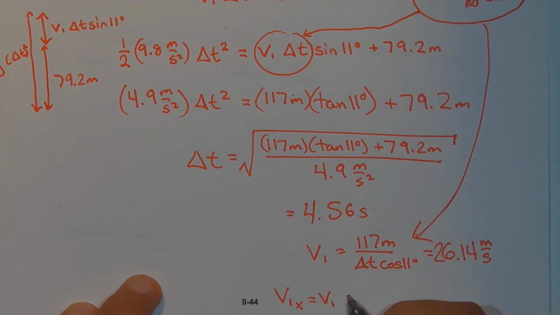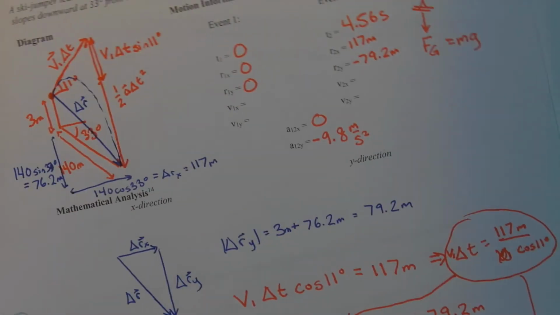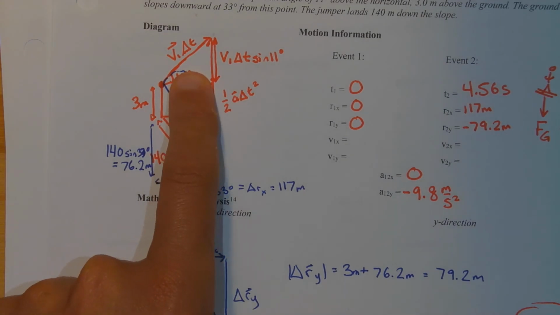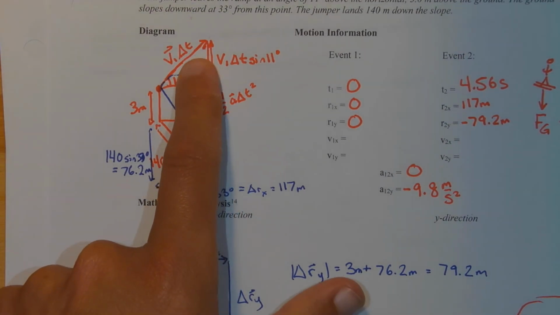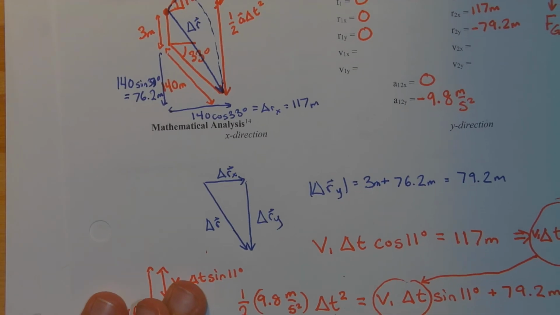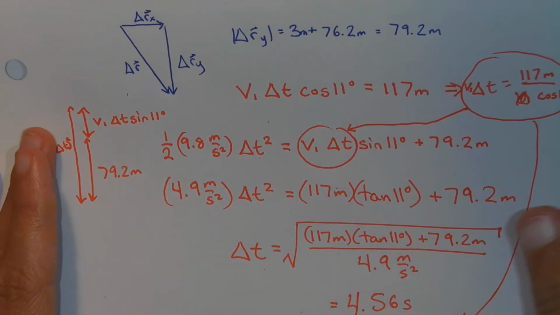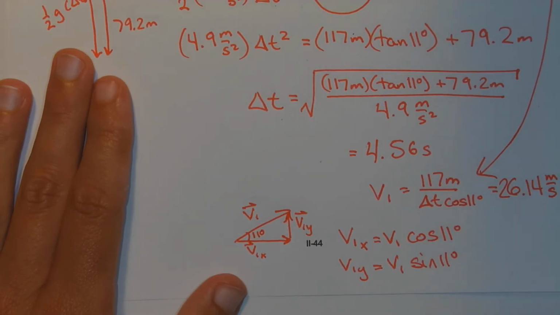And then v1x is equal to v1 times cosine of 11 degrees. v1y is equal to v1 times sine of 11 degrees. So the vector v1 points in the same direction as this vector, but the length is different because you're not multiplying it by delta t. So this is v1, this angle is 11 degrees, this is the x component, this is the y component.